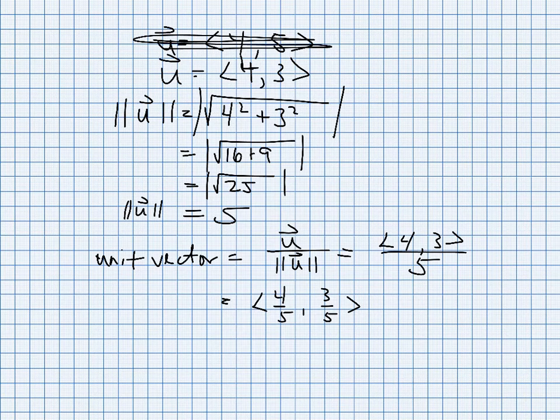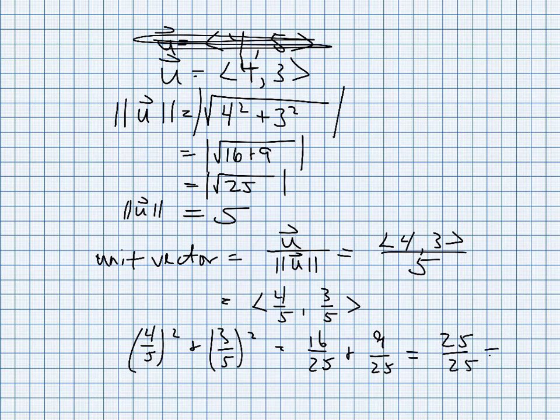Now, let's test our theory. 4/5 squared plus 3/5 squared equals 16/25 plus 9/25, which equals 25/25 equals 1, and the square root of 1 is 1.